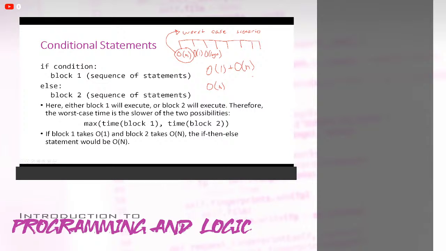We're just doing these additions. And there are instances in which we would add certain things, but we're examining the complexity of the statement as a whole. So if we run a max function on the time it takes to run each block, we see that O of n definitely takes longer. And so that becomes the worst case scenario for that set of conditional statements, and that becomes the complexity for that block.